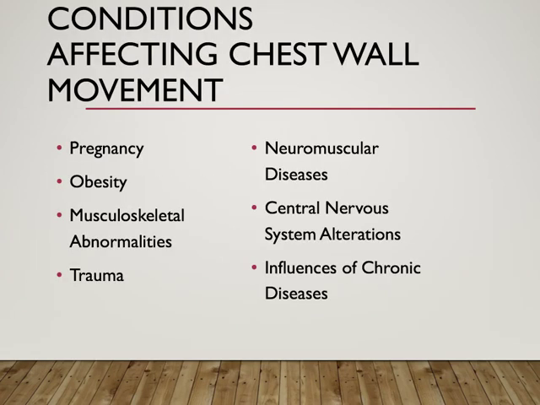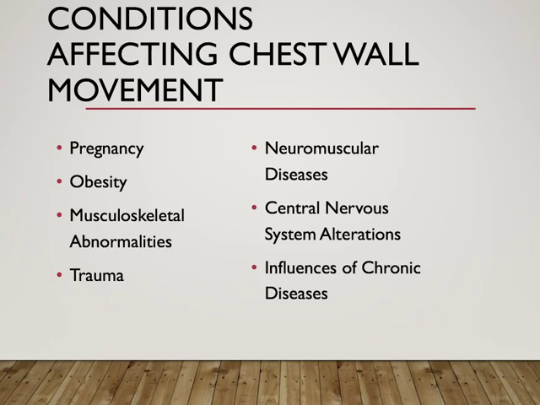Musculoskeletal abnormalities are kyphosis, lordosis, scoliosis. So different curvatures of the spine can affect your ability to breathe and your chest wall expansion. Trauma: when you have a fractured rib, none of the patients want to take a deep breath because it hurts so bad.